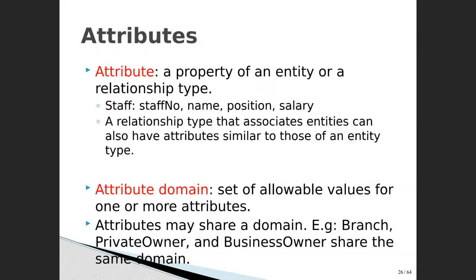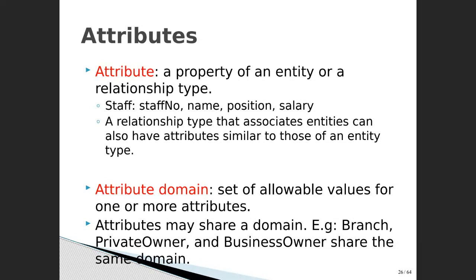Now let's talk about attributes. You remember the four main concepts of the ER model? We discussed the entity type, relationship, now attributes. Later on, next week we will discuss the constraints. Attributes. We said what does it mean? You said property.